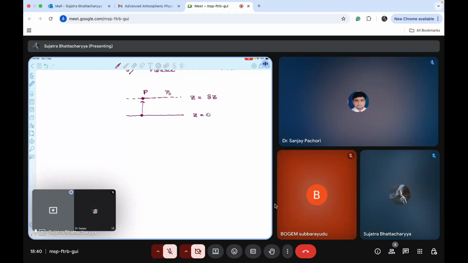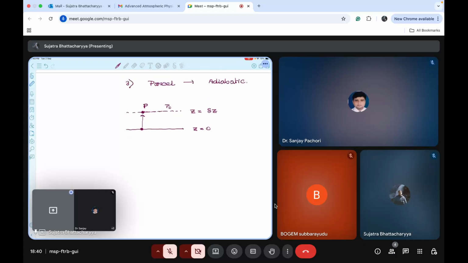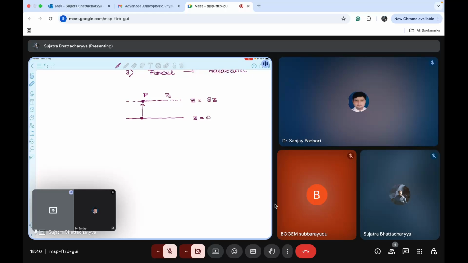This is a very important parcel theory assumption. All the subscript-naught quantities I write, P naught, rho naught, theta naught, are for the environment. So P naught is the environment pressure, and P is the parcel pressure.